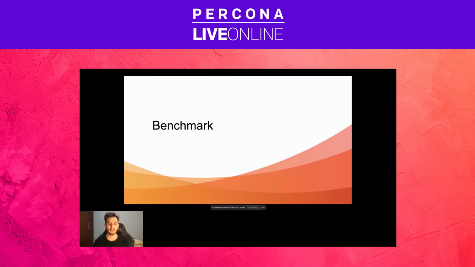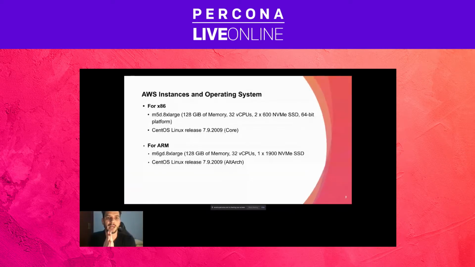Let's start. We'll go through how I did the benchmark. If you have any questions, I will be happy to answer. First, what are the machines that I picked? For x86, I picked M5G 8xlarge, and for ARM, M6GD 8xlarge.